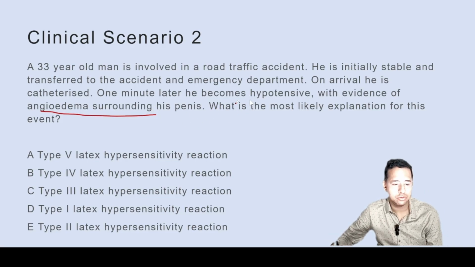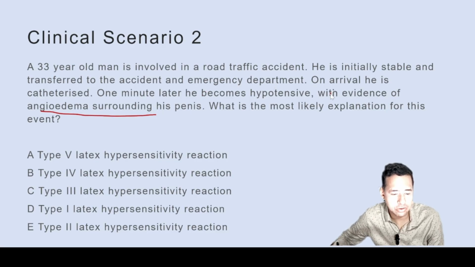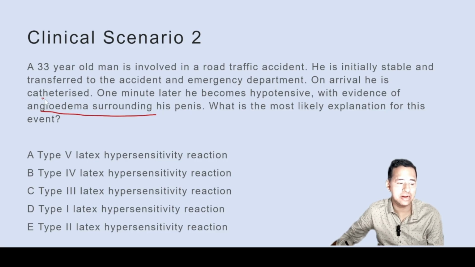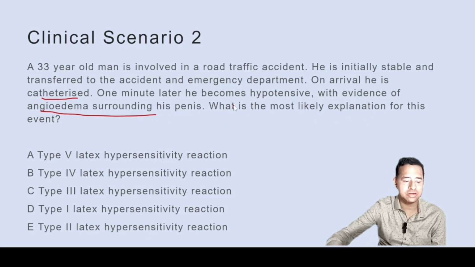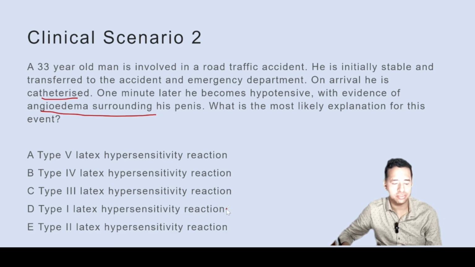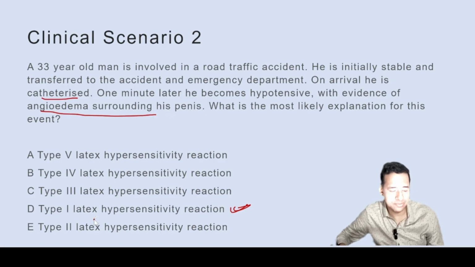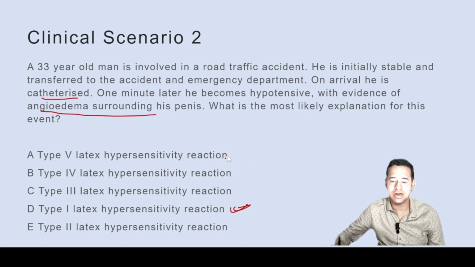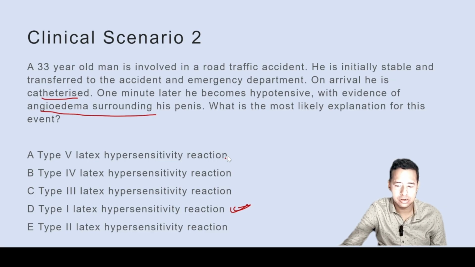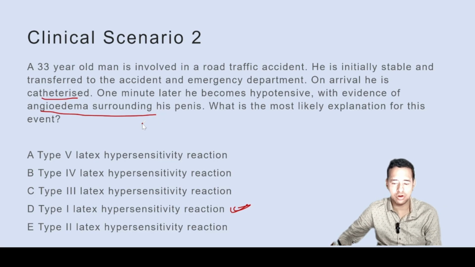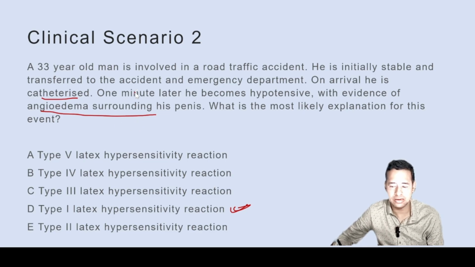Because he is catheterized, angioedema surrounding his penis means a type 1 latex hypersensitivity reaction. This is the only correct answer. One minute later means type 1. If they give another example, like 24 to 72 hours later with dermatitis around the penis, the answer could be type 4.